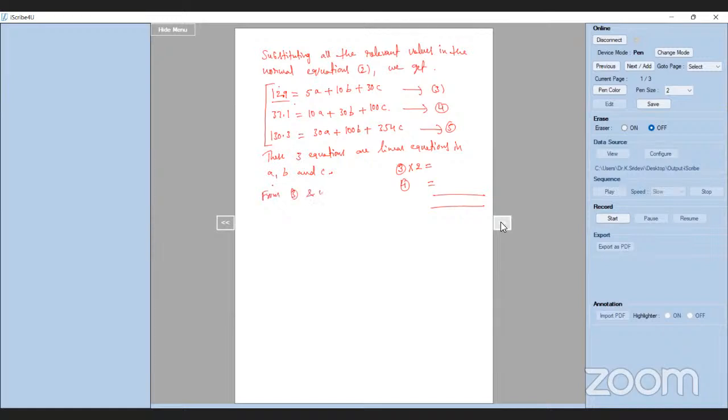From equations 3 and 4, we get 25.8 equal to 10A plus 20B plus 60C, and equation 4: 37.1 is equal to 10A plus 30B plus 100C.